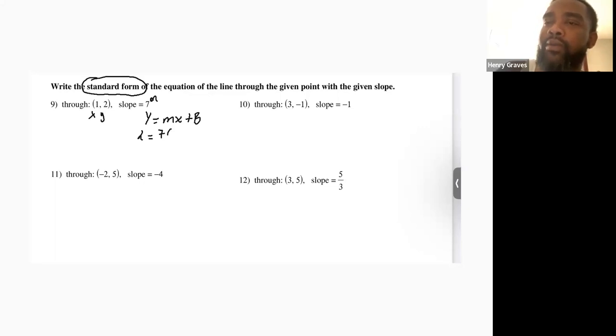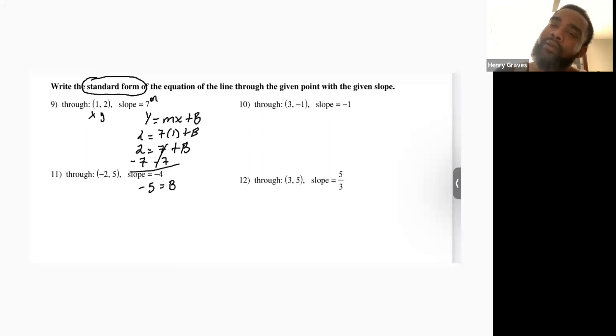So 2 then will equal 7 plus b. To find the b, I subtract both sides by 7. So 2 minus 7 is negative 5. That's my b. So I can write my answer now as y equals 7x minus 5.